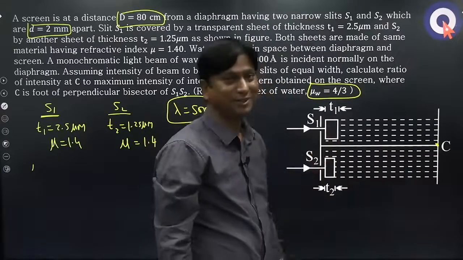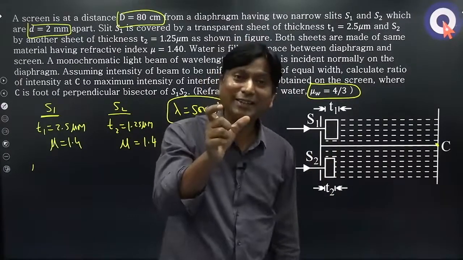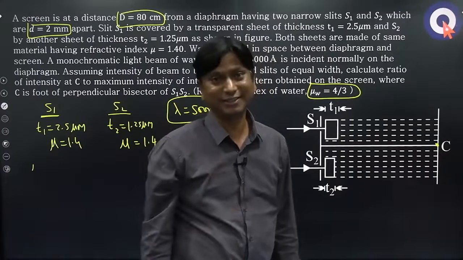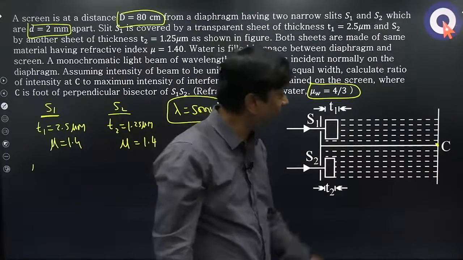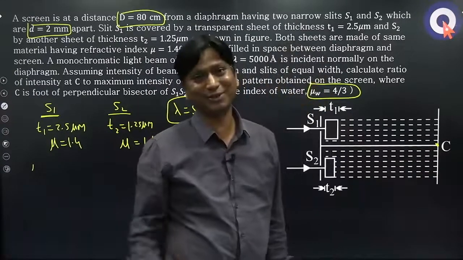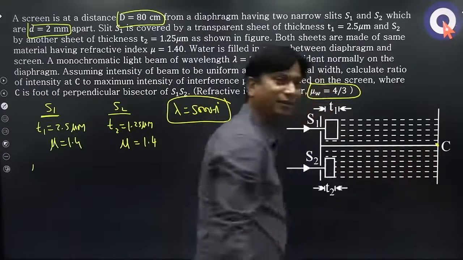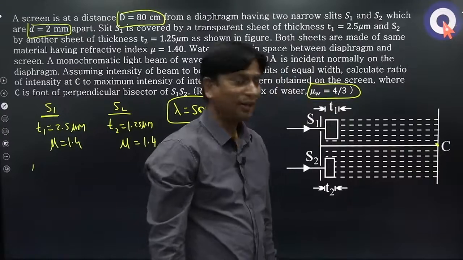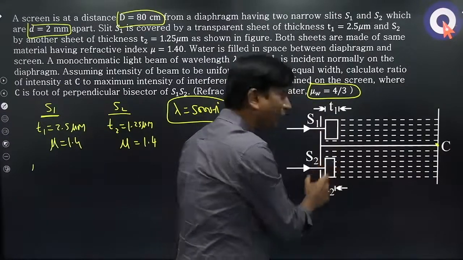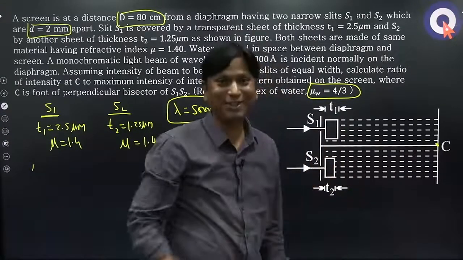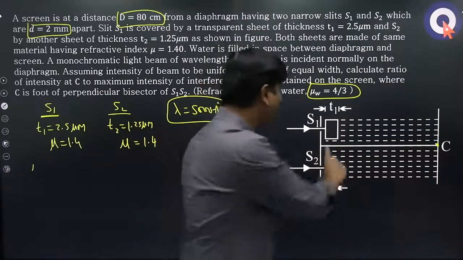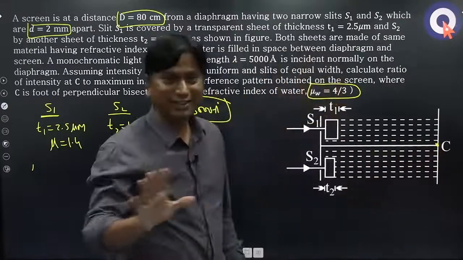But here glass slabs are there. But if you keep identical glass slabs with identical thickness, then also you will get central maxima at point C, correct or not? Simple logic. How much time will this take? The same time this will take, right or not? How much speed breaker this is having? This one is also having the same amount of speed breaker, right or not? So that is why both will reach here at the same time. That is clear or not?